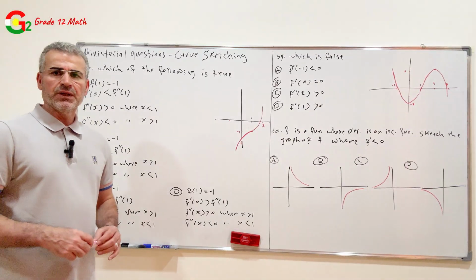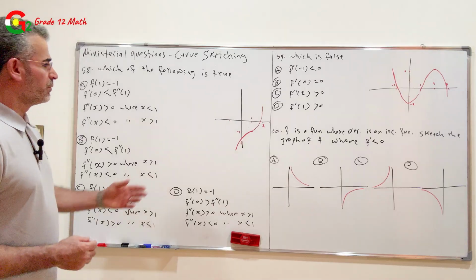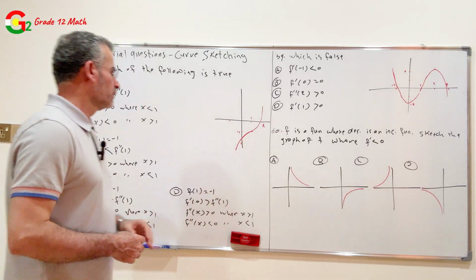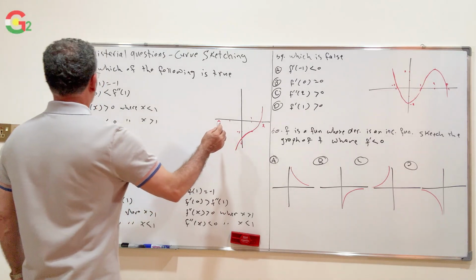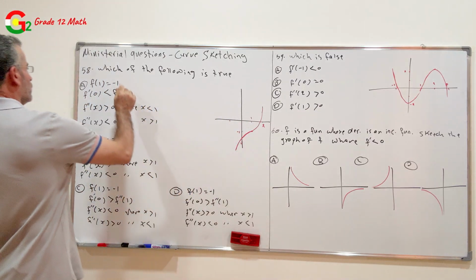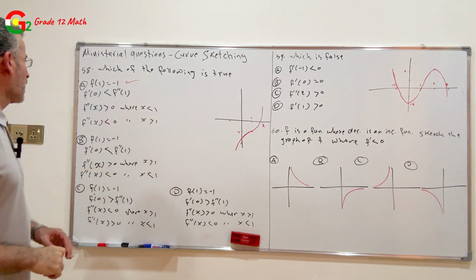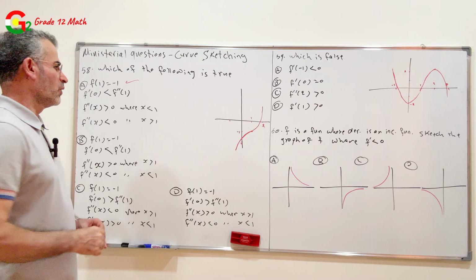Question number 58. Which of the following is true depending on the graph? F of 1 equals negative 1. F of 1 is negative 1, it is true. F prime of 0 less than f double prime of 1.